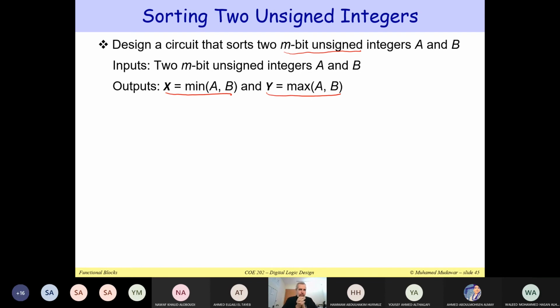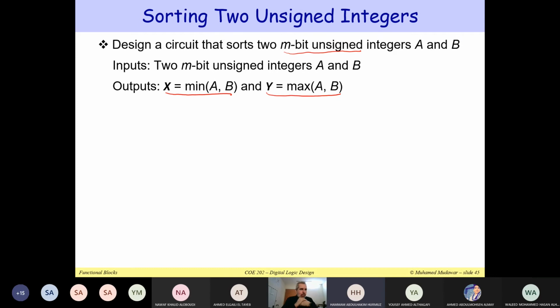So let me ask you this question. What do you need to design and draw this circuit? What are the components that you need inside the circuit? Multiplexers and a magnitude comparator.